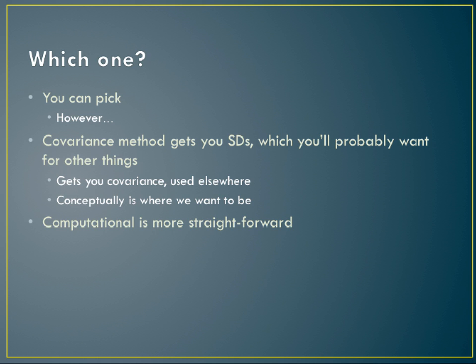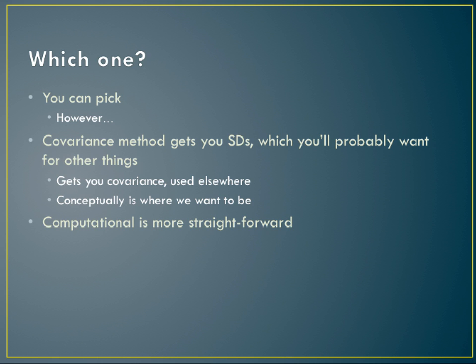So, the covariance method gets you standard deviations, which you're probably going to want for other things. For example, when we get to regression, you're going to need standard deviations. So if you have to calculate standard deviations, you might as well do it in the covariance method instead of doing the computational method and then having to go and get standard deviations as well.